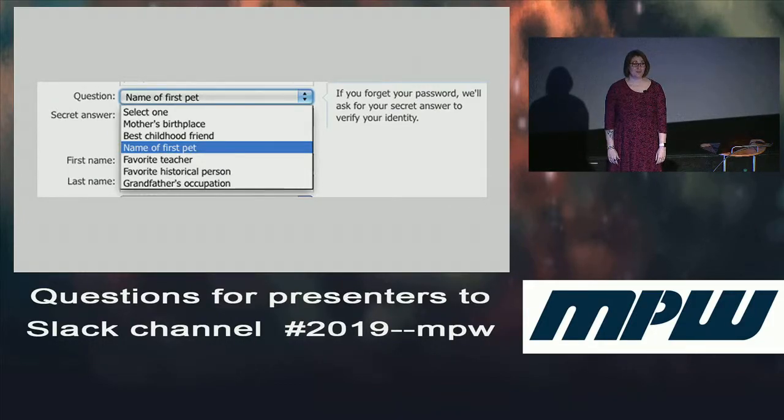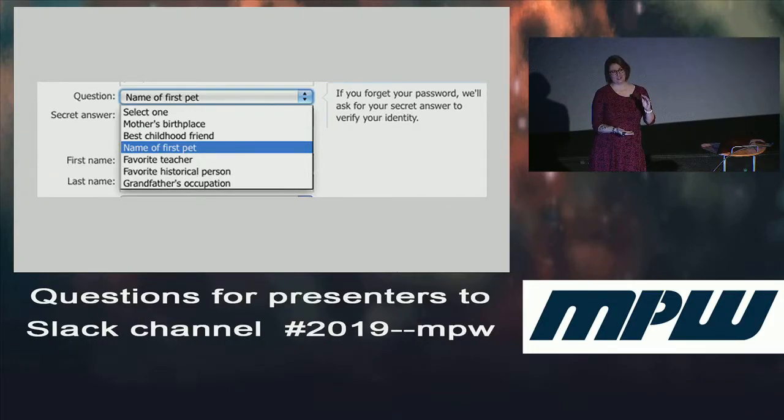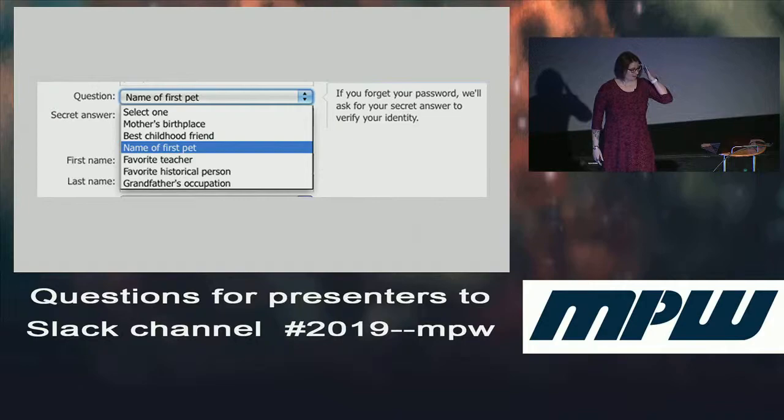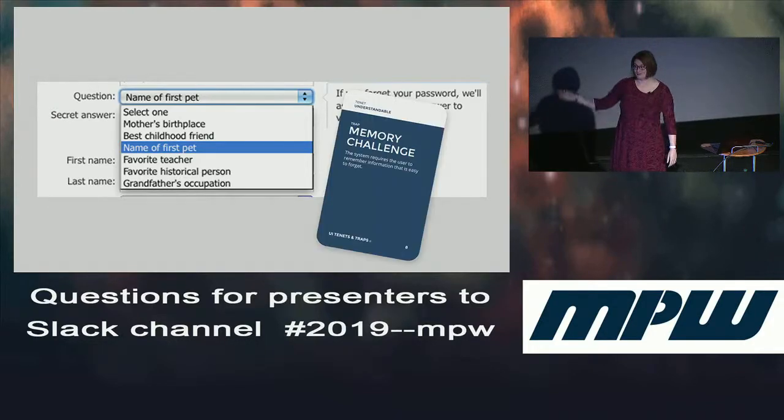Sometimes you need to pick 3 questions. And then when I forget my password, I need to remember what question I chose, because they won't just ask me the question. They say, pick the question you chose. So yeah, I have so many email accounts. This is a memory challenge.